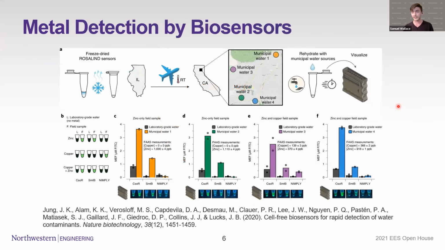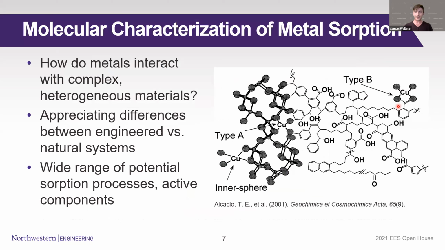And more recently, there have been a couple projects with biosensors. This one is a collaboration with people who are just down the hall from us in chemical engineering for a sulfur-free metal biosensor here.